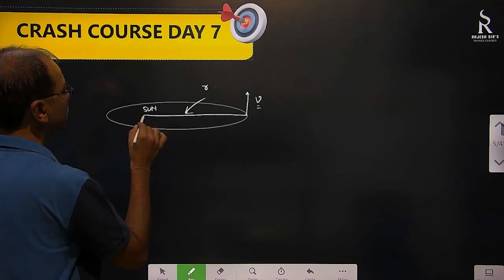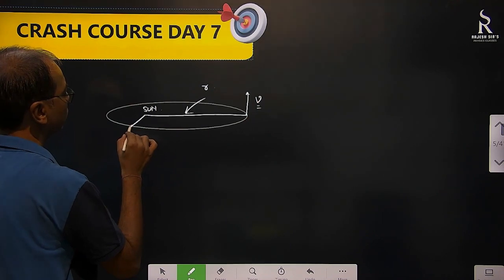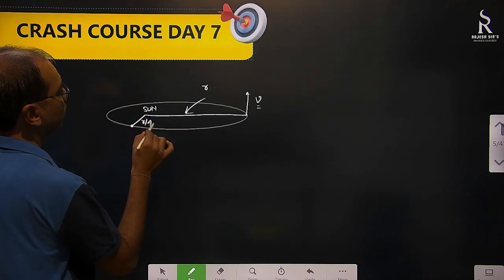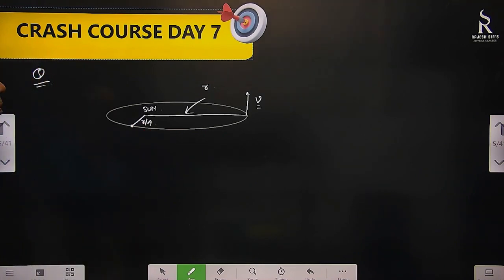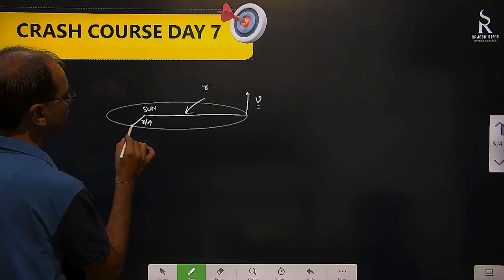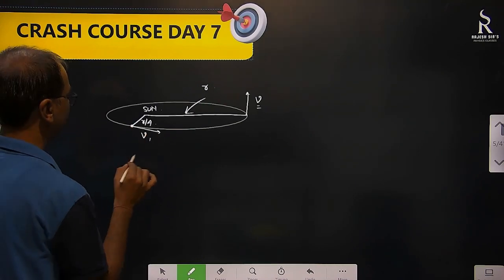Then what is the velocity when the distance becomes r by 4? What is the velocity here?